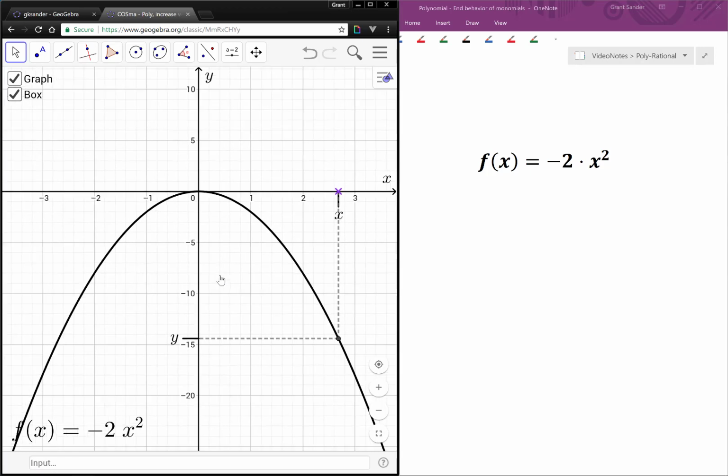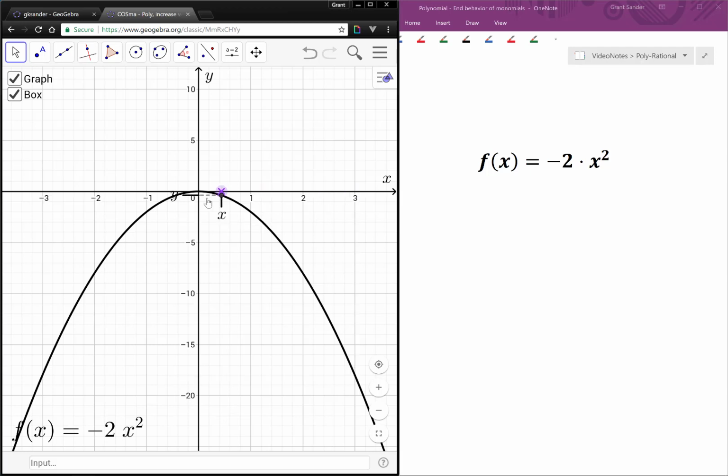Now, once we look at this graph, it looks like a flipped version of our original one. And this is because for any value of x, x squared is going to be positive, and then we multiply by negative 2, and that's going to give us a negative number. So now for any value of x, negative 2x squared is going to be negative, and as we let x increase without bound, f of x is going to decrease without bound.